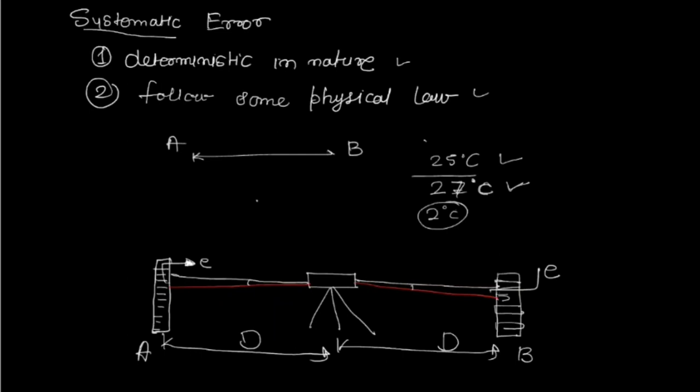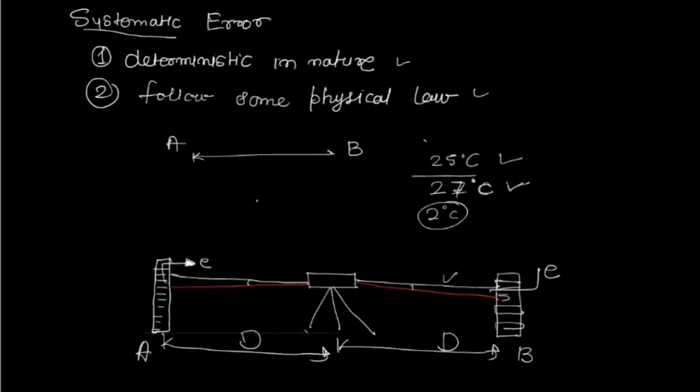So what are we doing here? The systematic error follows some physical law: the distance is the same, so the angle will be the same, and so the error will be the same. This kind of physical law is applied here, and that way the collimation error is eliminated.